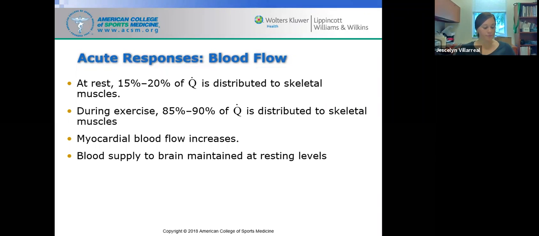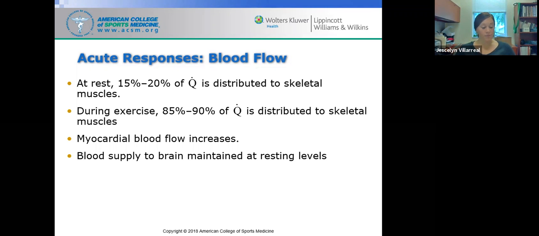Blood flow. At rest, 15 to 20% of cardiac output is distributed to the skeletal muscle, but during exercise, your blood needs to be distributed to the muscle. At rest, the remainder is going to the visceral organs, the heart, and the brain.